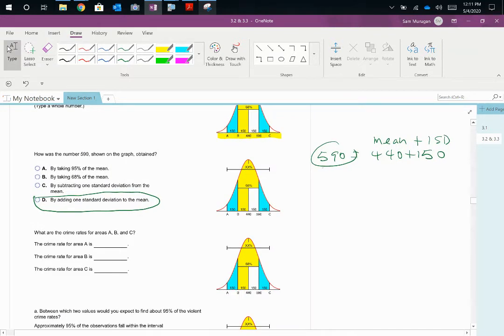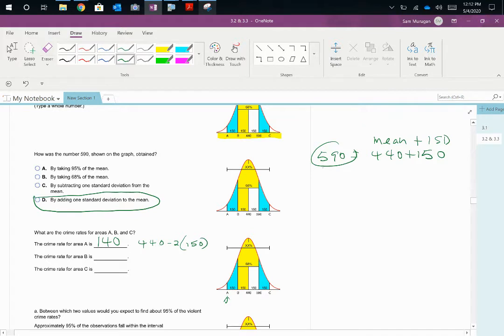What are the crime rates for cities A, B, and C? City A is two standard deviations below, so city A is 440 minus 2 times 150, two standard deviations right there, which is 440 minus 300, or 140.